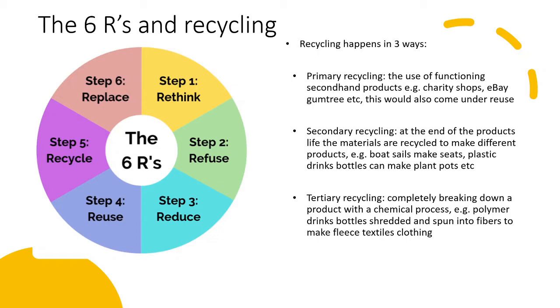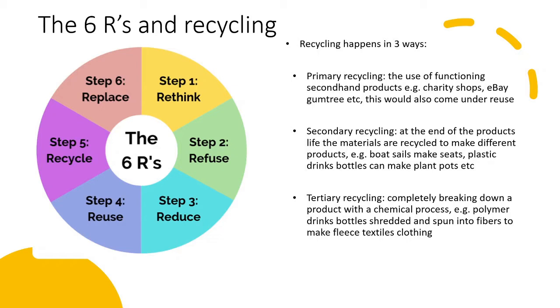Next, you've got secondary recycling. So this is when at the end of a product's life, the thing is then used for something else. So the most common one for you in the home is probably going to be things like jam jars or coffee jars, and then using them to put plants in them or storing pencils in them or using it for something else.